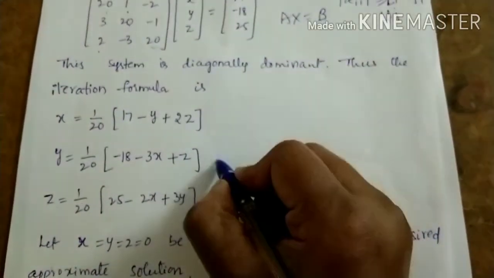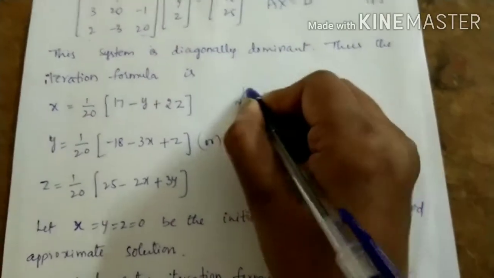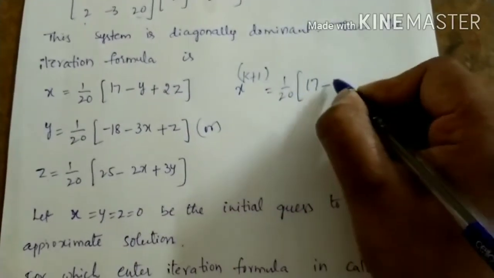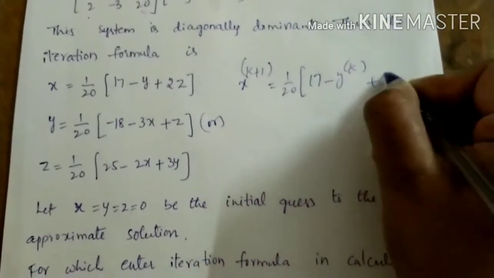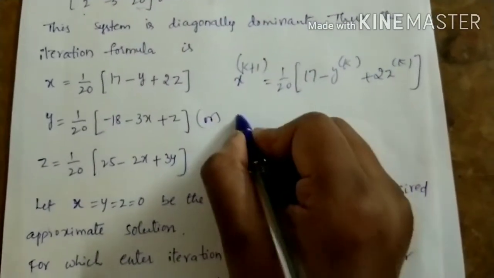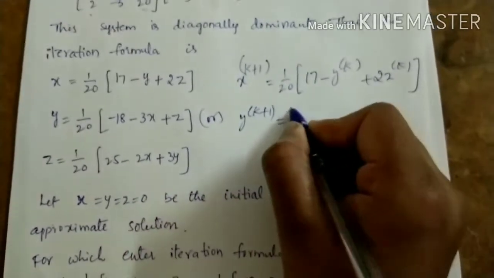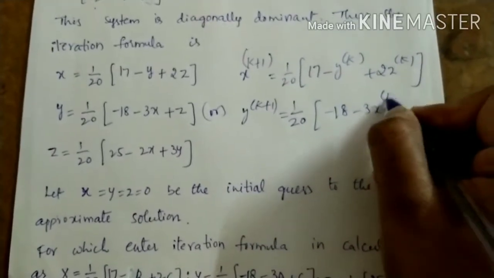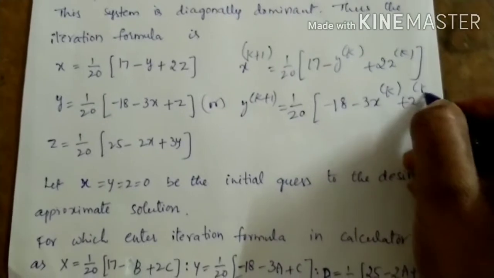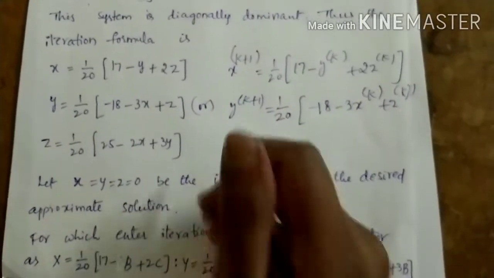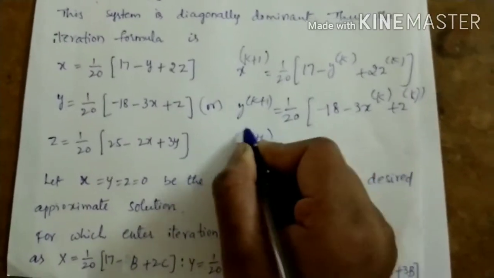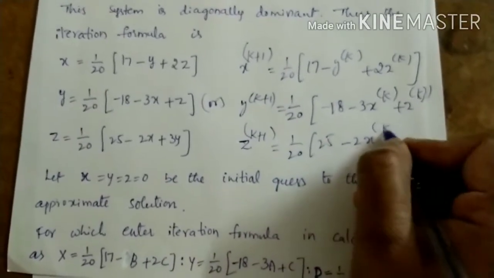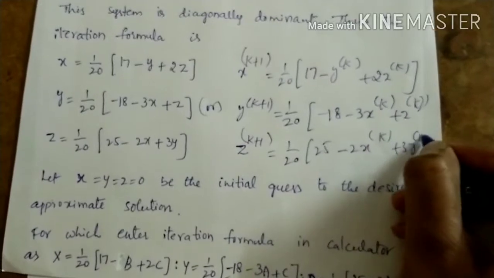The iteration formula can also be shown as x(k+1) equals 1 by 20 into 17 minus y(k) plus 2z(k), and y(k+1) equals 1 by 20 into minus 18 minus 3x(k) plus z(k), and z(k+1) equals 1 by 20 into 25 minus 2x(k) plus 3y(k).